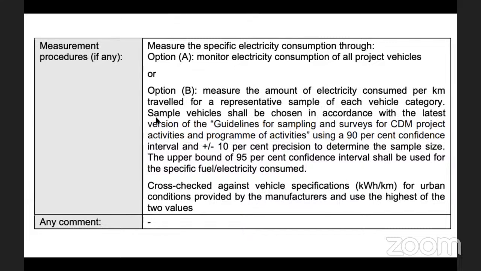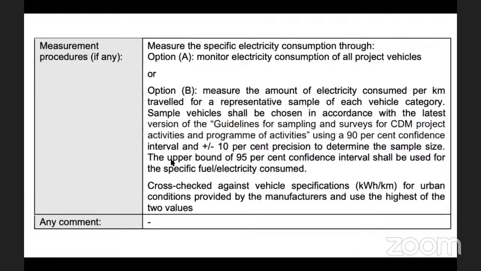Sample vehicles shall be chosen in accordance with the latest version of the guideline for sampling and survey for CDM project activities and programs of activities, using a 90% confidence interval and plus or minus 10% precision to determine the sample size.